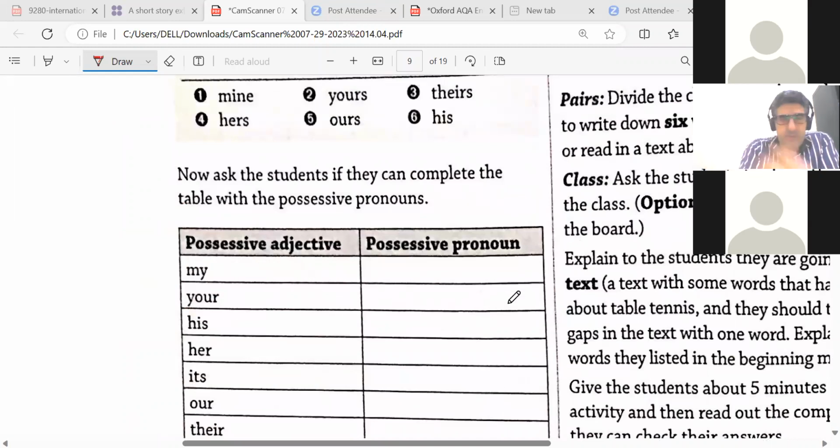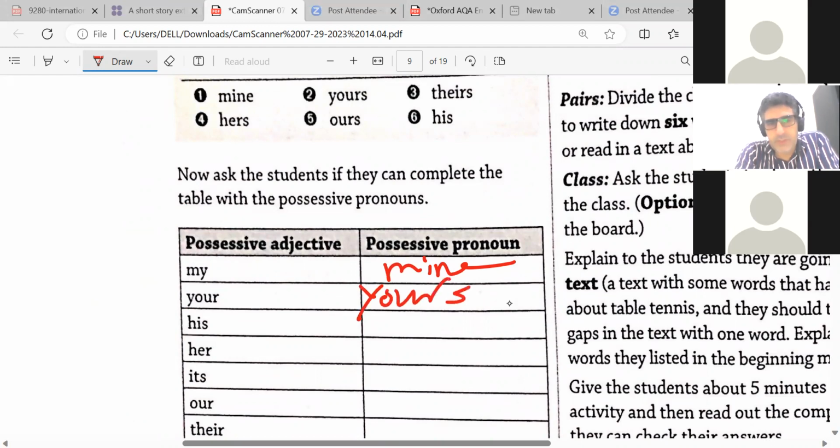My, mine. Your, yours. His, his, no change. Her, hers.